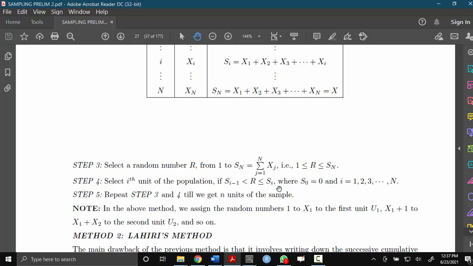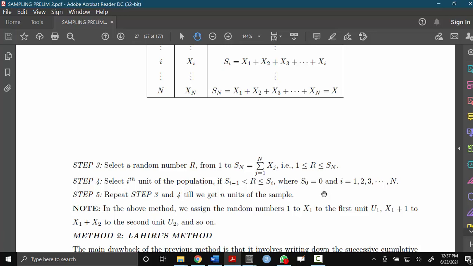So here, if our random number r lies between S_{i-1} and S_i, then we select the ith unit, and we repeat this step of selecting the random number until we get n units, small n number of units, in the sample.